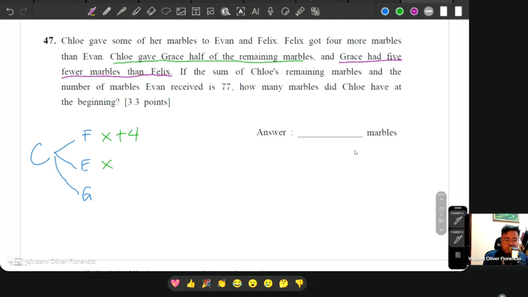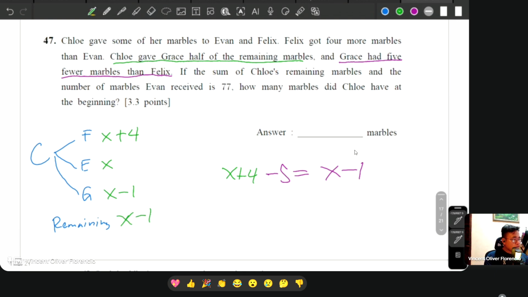When you say fewer, in Tagalog, mas maonte. In other words, she's like 5 less than Felix. So if Felix got X plus 4, if you do 5 less of that, that's going to be X minus 1. It means to say that Grace got X minus 1. Again, take note, this is half of the remaining. So that would leave us with the idea that the remaining is also X minus 1.